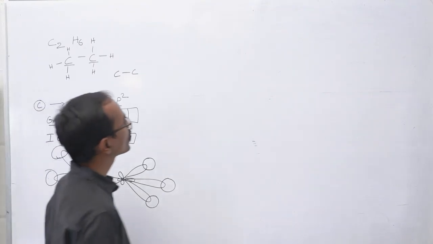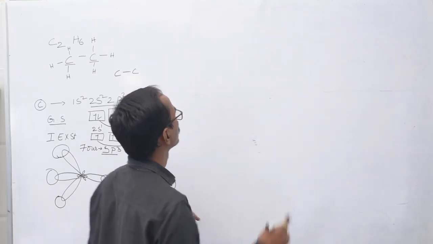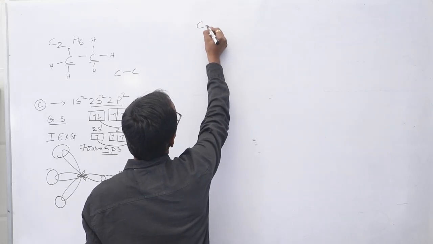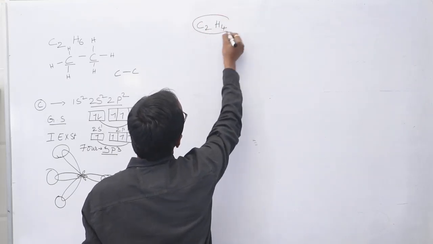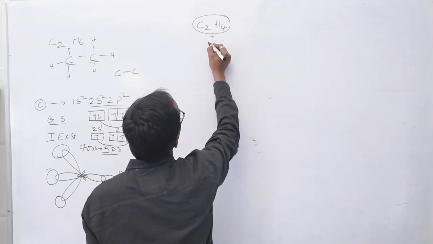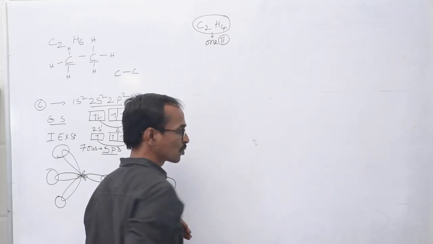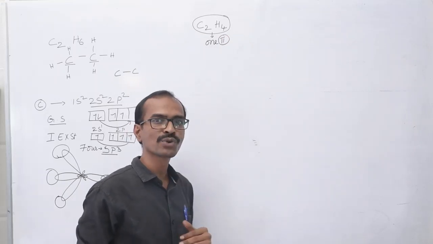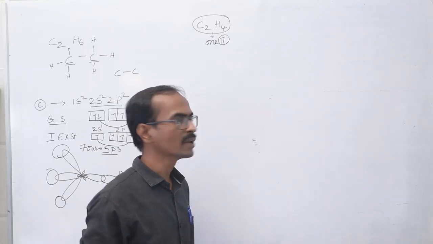Next, let's have a look at the hybridization of the ethylene molecule. The ethylene molecular formula is C2H4. We know that it is an alkene and it has 1 pi bond. So the central atom should have at least 1 unpaired electron in a pure p orbital.